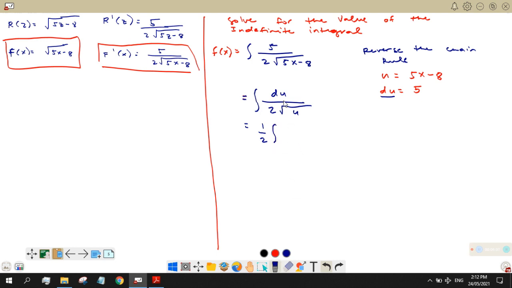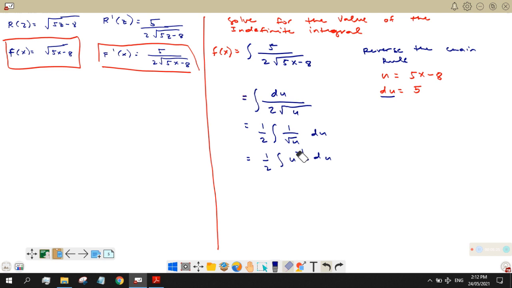Ayan. So, ano matitira sa loob? Magkakaroon ka ng 1 over the square root of u du. Diba? Or, it is equal to 1/2 times the integral of u raised to negative 1/2 du.